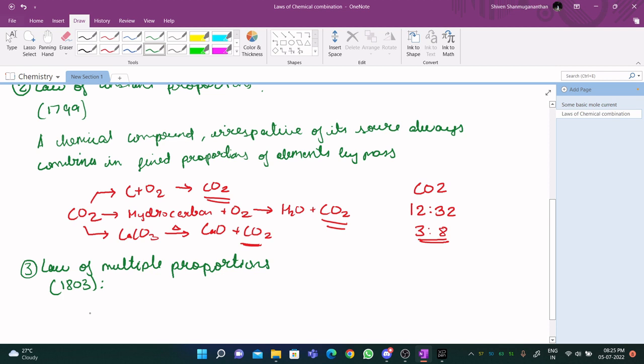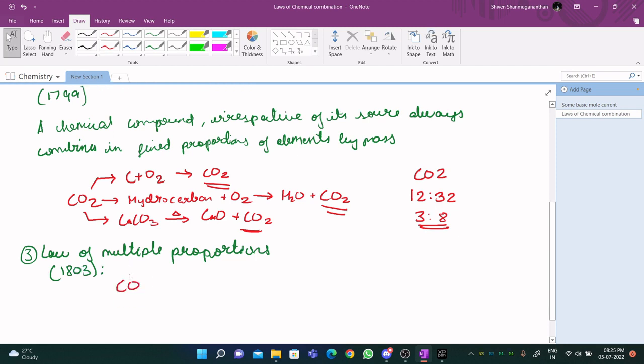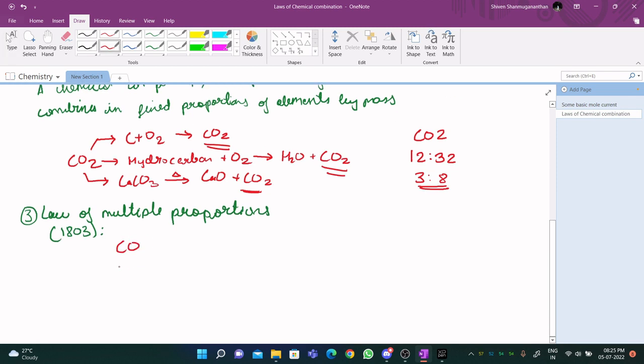So for example, let's take carbon, I'll take this in red. Let's take carbon monoxide, CO, and carbon dioxide, CO2.